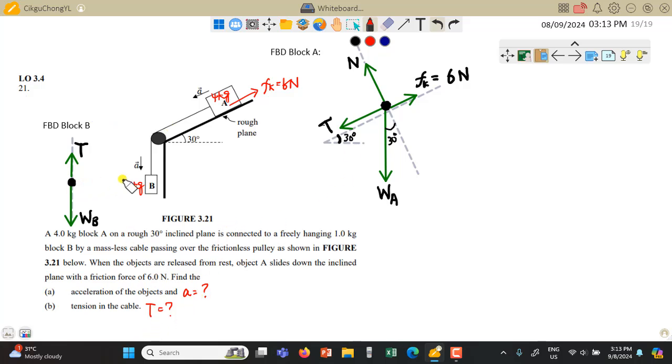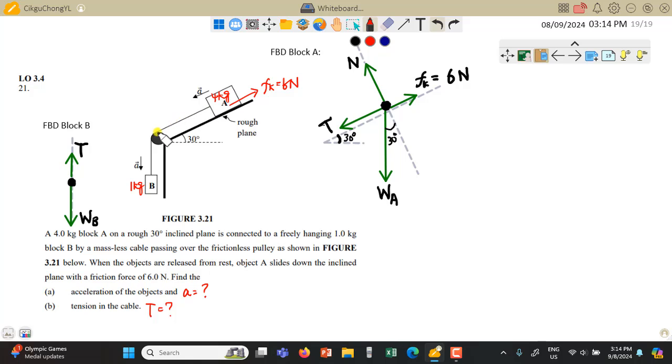So FBD for block B, whereby block B is attached with the string. So along the string we have the tension, and then block B has mass, so there will be weight acting downwards. Same goes for block A. Block A is put on an inclined plane, inclined at 30 degrees.